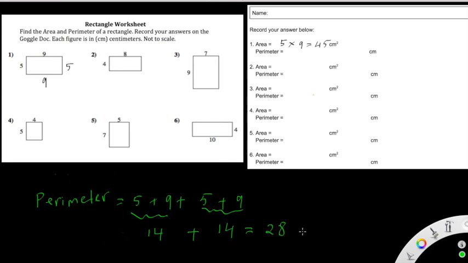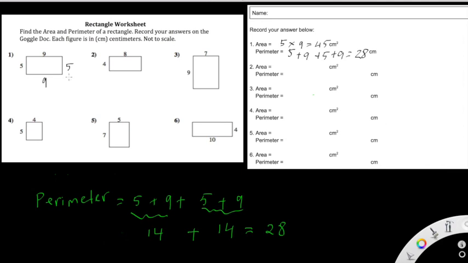If you have draft paper, you can add it up. It equals 28. So I know over here the perimeter equals 5 plus 9 plus 5 plus 9 equals 28 centimeters.